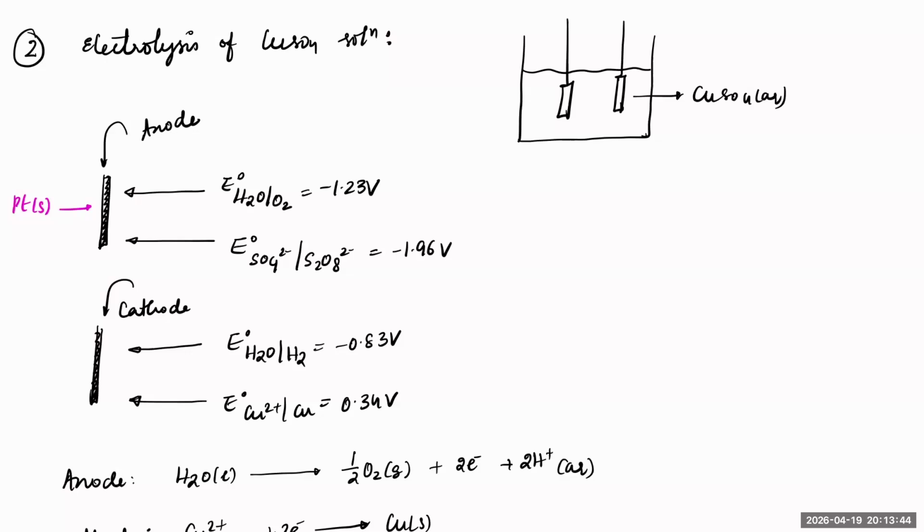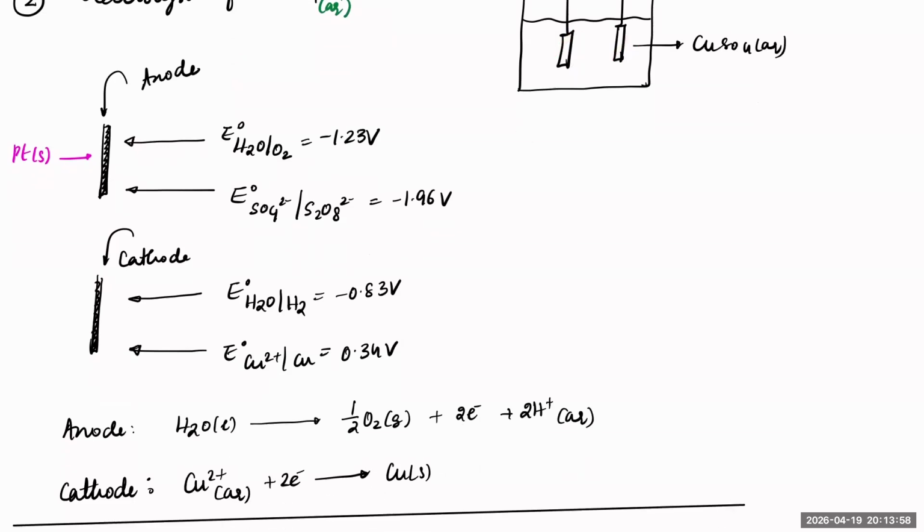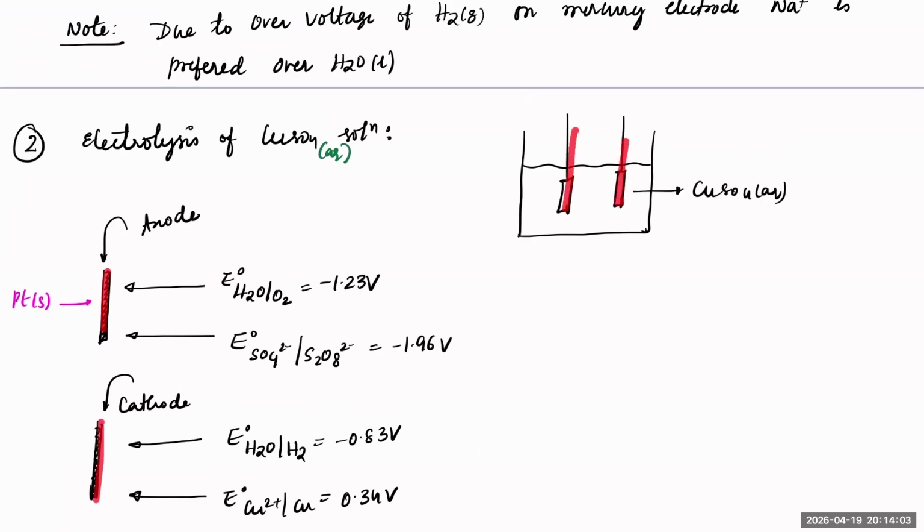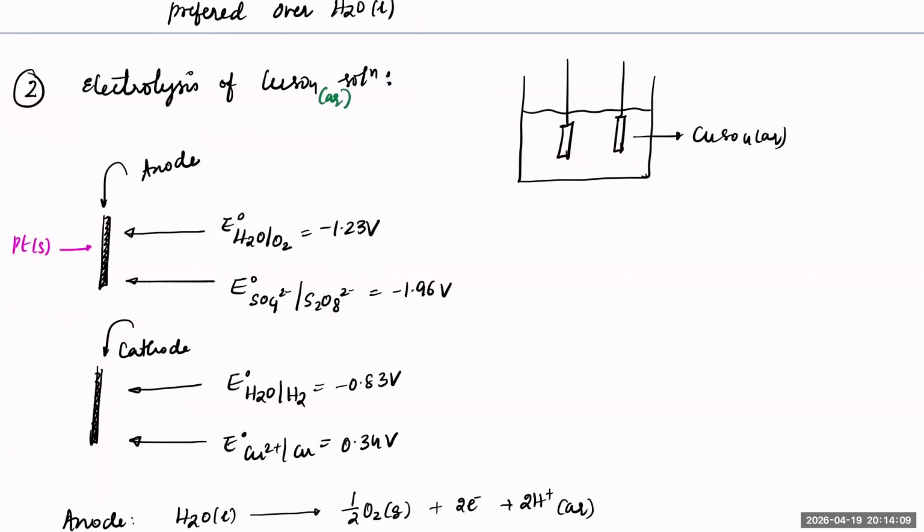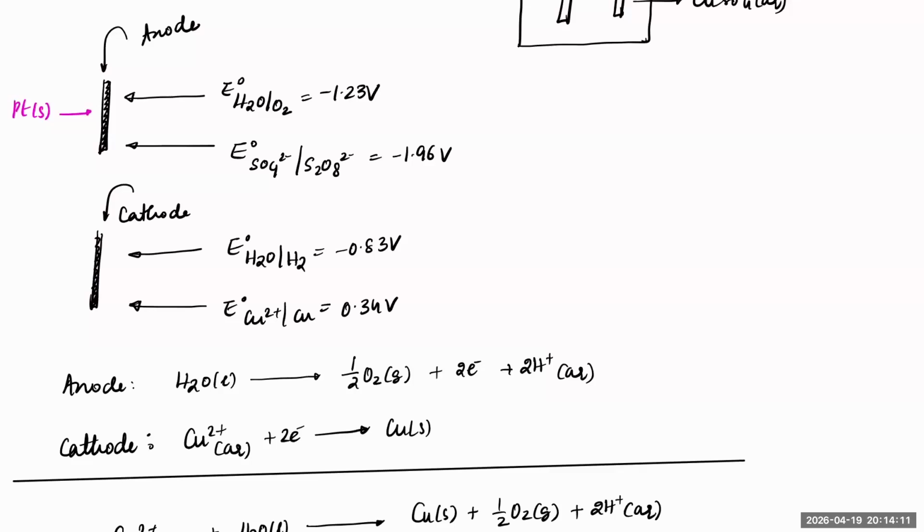Let's look into the next part, which is the electrolysis of copper sulfate aqueous solution. Again, I'm putting that disclaimer that it is about aqueous solution. If we take only copper sulfate, it's a neutral solution, and let's say we are taking platinum electrodes on both sides. When there is copper, avoid iron because iron might get oxidized as well. That's why the more inert one is platinum.